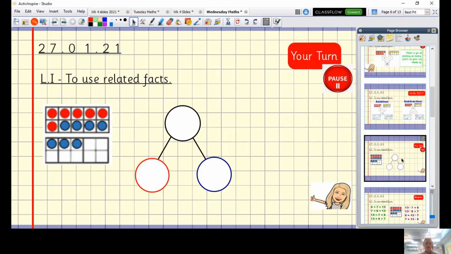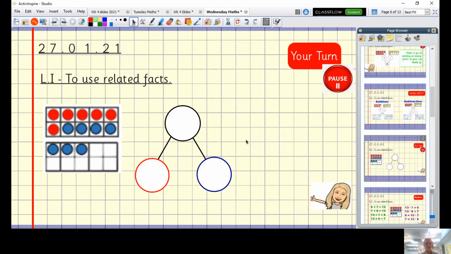So here is your tens frame. So we're going to see how many we have. I know that's 5, 5, 6. So I've got 6 red, and I've got 3, 4, 5, 6, 7 blue counters.